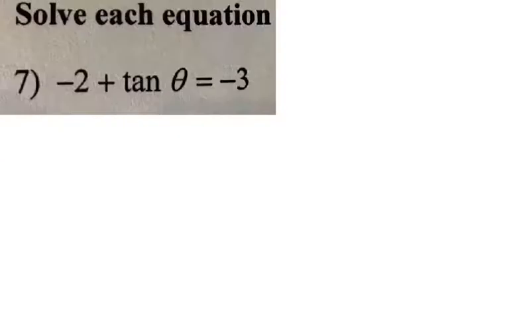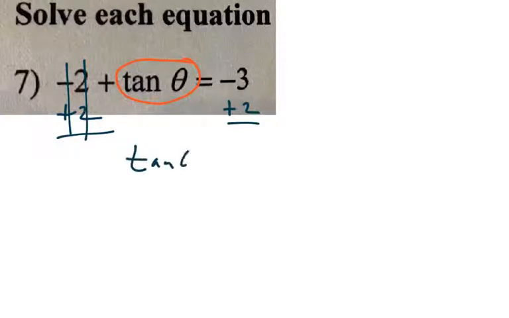So I'm just going to go in order here. Here was number 7. To solve any tangent function, guys, see the tangent theta right here? We have to solve for it first. So I'm going to start by adding 2 to both sides. Once I get rid of the negative 2, you see that tangent theta is negative 3 plus 2, which is negative 1.